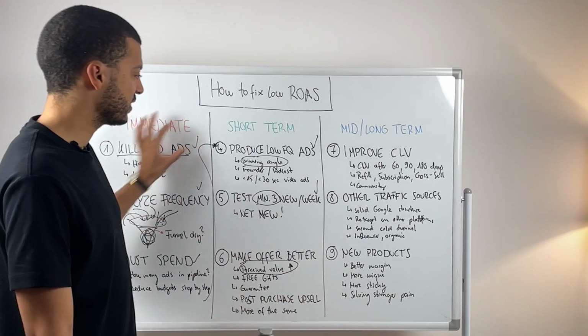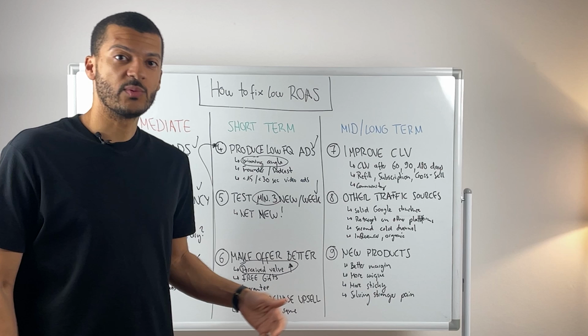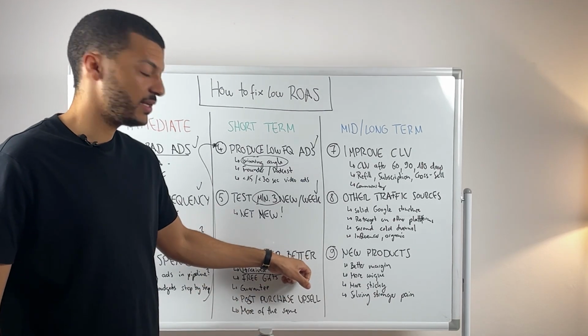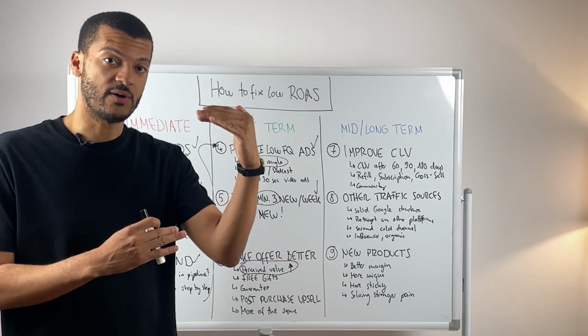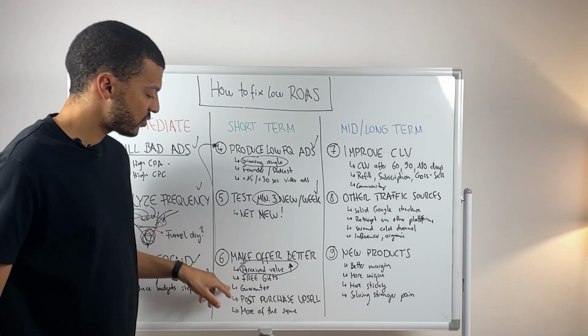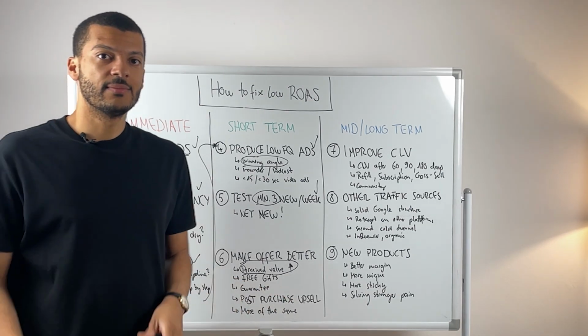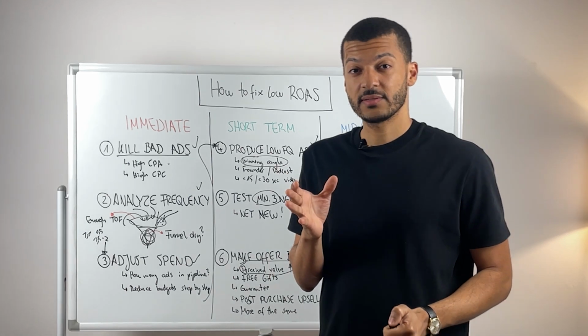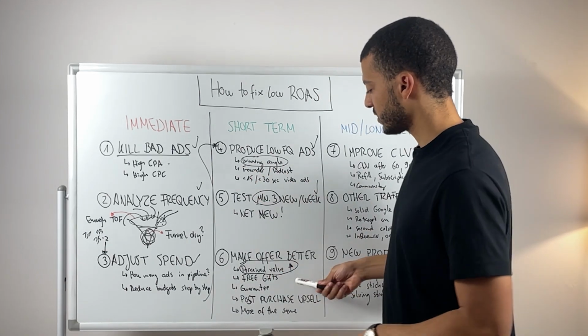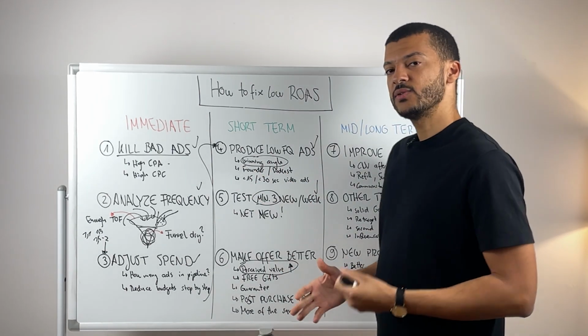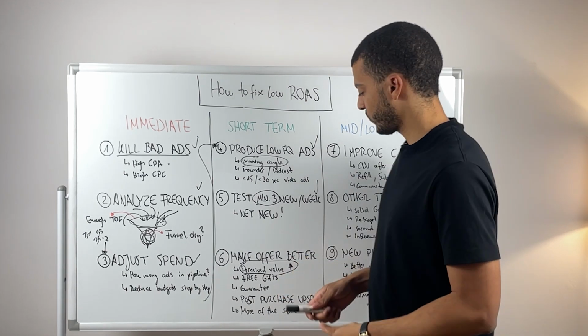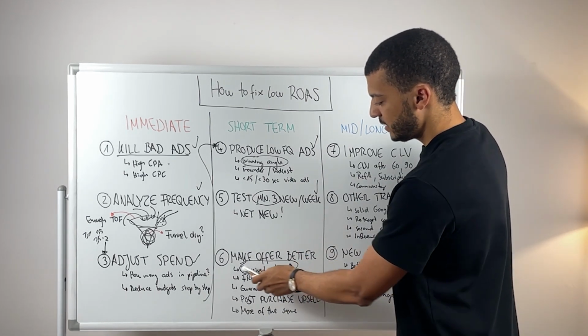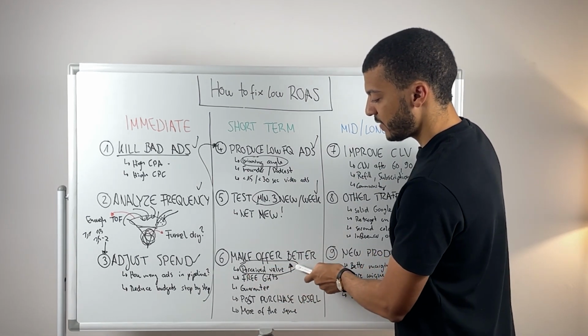So all of this will definitely help you, but it will not change the world because then you need a better and higher AOV offer, right? So make sure that you have a high AOV offer. In most cases I recommend around $100. That's great as a first-time AOV, or at least to get as close as possible to that, or even above that. And you do this by increasing the perceived value, right?